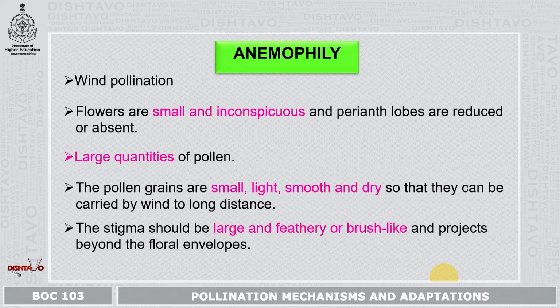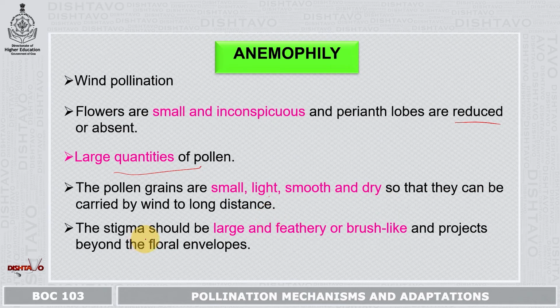Now we will learn about anemophily. Anemophily is wind pollination, and flowers are small and inconspicuous, and perianth is reduced or absent. In this case, the flowers produce large quantities of pollen, and the pollen grains that are produced are small, light, smooth and dry, so that they can be carried by the wind to long distances.